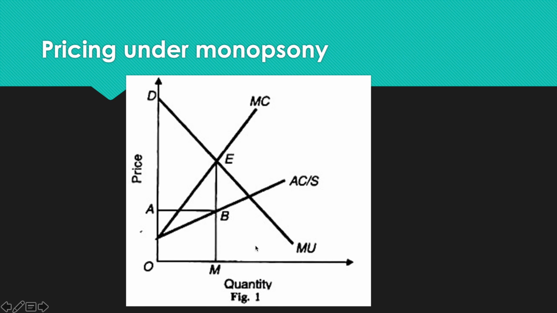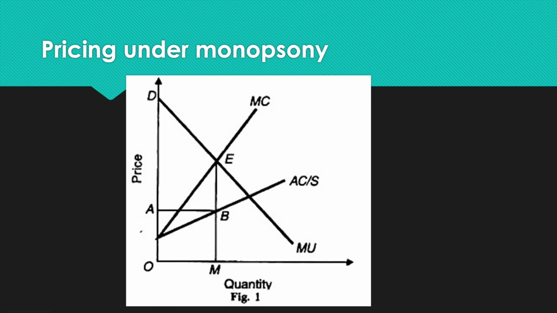So the monopsonistic equilibrium is established at the point E, where the marginal utility of the product to the monopsonist equals the marginal cost. So the MU equals the MC. That's the point E where equilibrium is reached, and he buys OM amount of quantity at this equilibrium point, and at OA price, which is the supply price for that output, as you can see, ACS and OA.